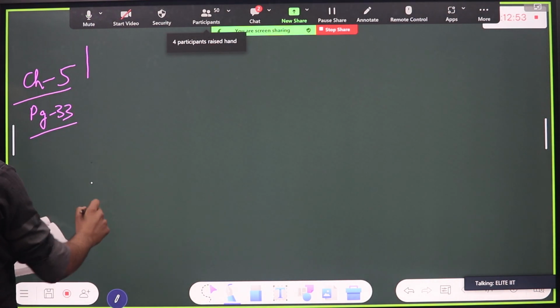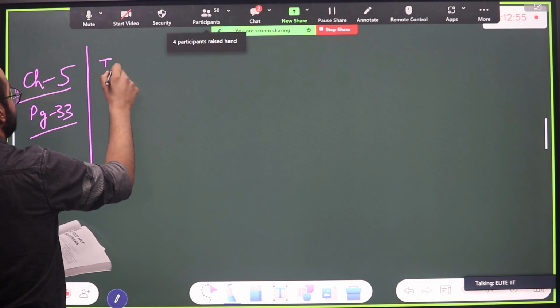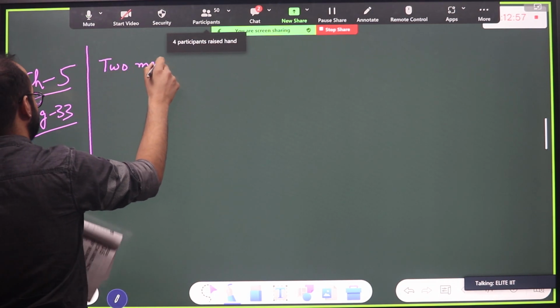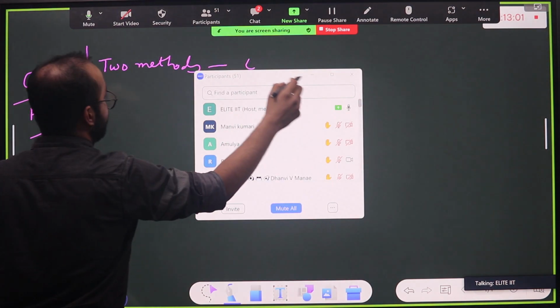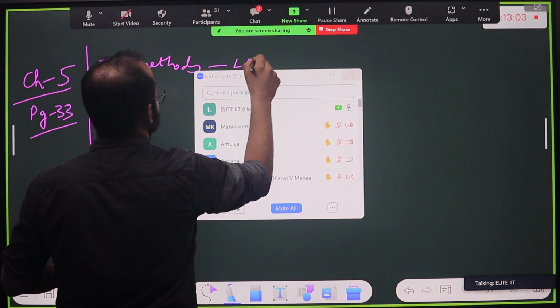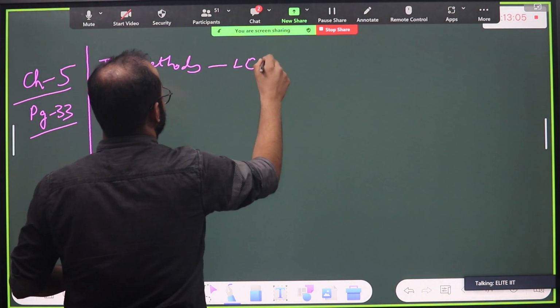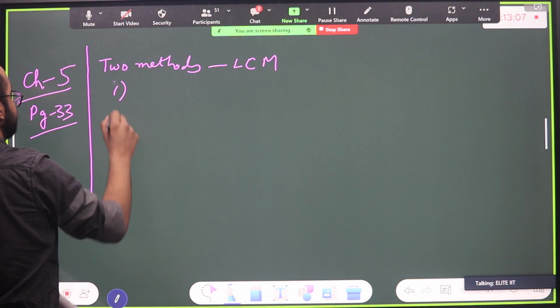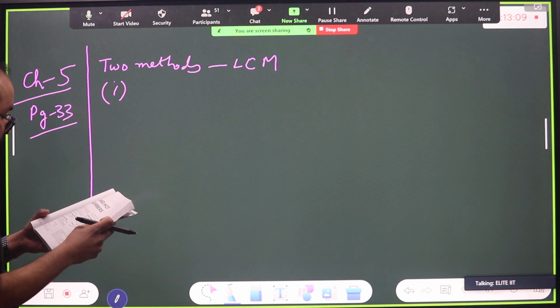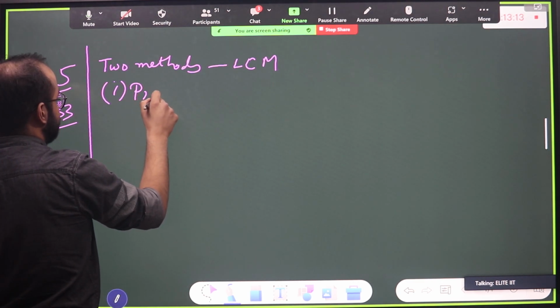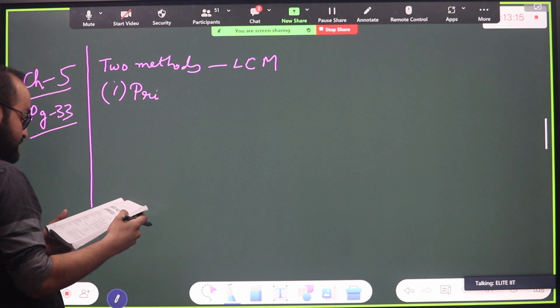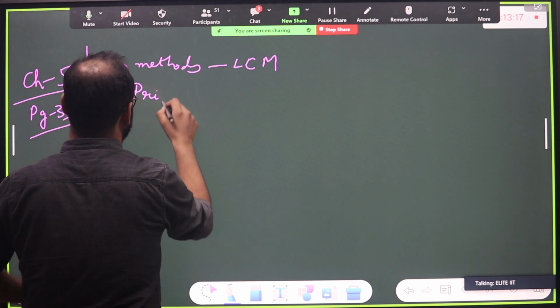The 2 methods of finding LCM are: number 1 is the prime factorization method.